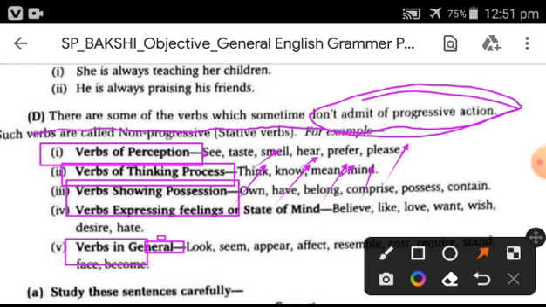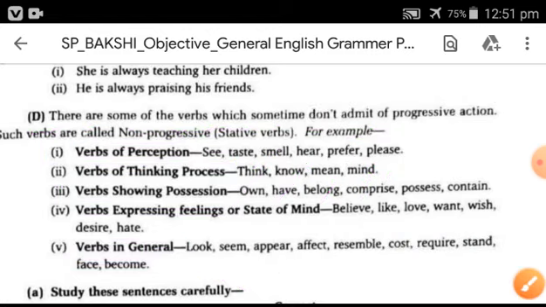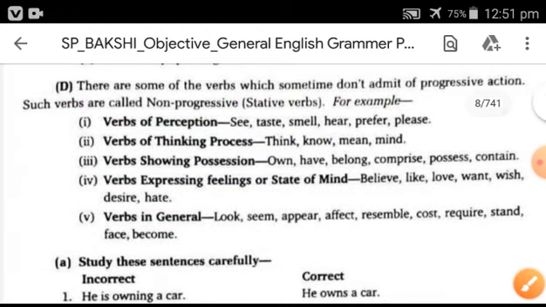And last but not least, what do verbs in general mean? Look, seems, appear, affect, resemble, cost, require, stand, face, become. These are the verbs we cannot use with ing.